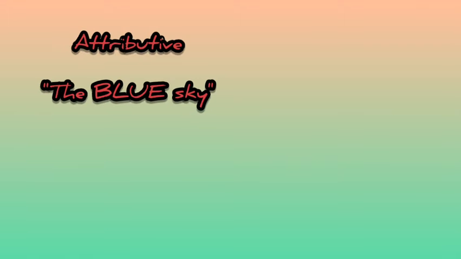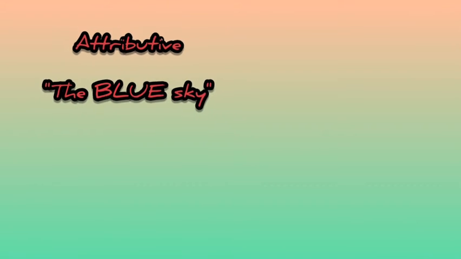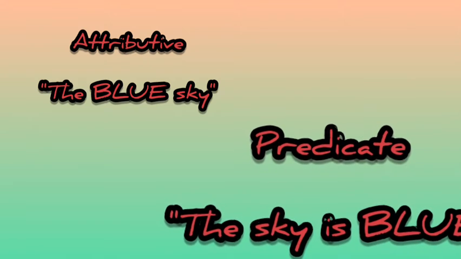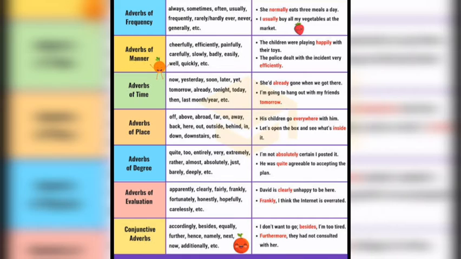Then we have adjectives that describe the noun. The adjectives are divided in attributive, one example could be the blue sky, and predicate adjective, an example could be the sky is blue. Then we have adverbs which describe the action or the verb.